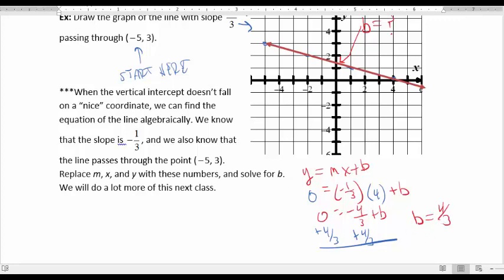Now we can put the slope, which was -1/3, together with the y-intercept, which was 4/3, and write the equation, which is y equals -1/3 x plus 4/3. And you can see from the graph, does 4/3 make sense? Yeah, because 4/3 is really 1 and 1/3, and it looks like that is 1 and 1/3. It's definitely between 1 and 2, and it looks a little closer to 1, so 1 and 1/3 makes sense there.